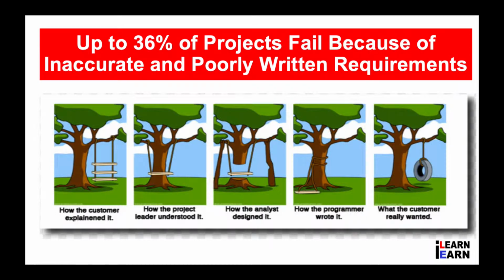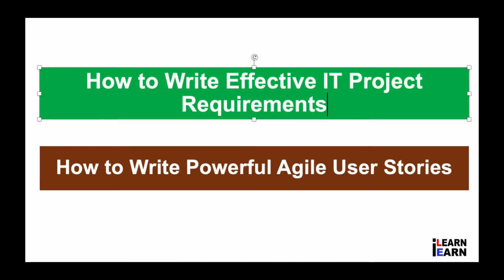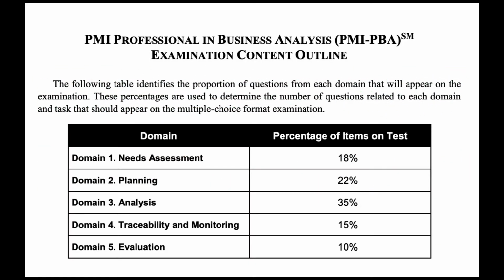So we also have included bonus lectures on how to write effective IT requirements and how to write powerful Agile user stories. For those of you who are new to Agile, user stories are sort of the same or equivalent to the project requirements.